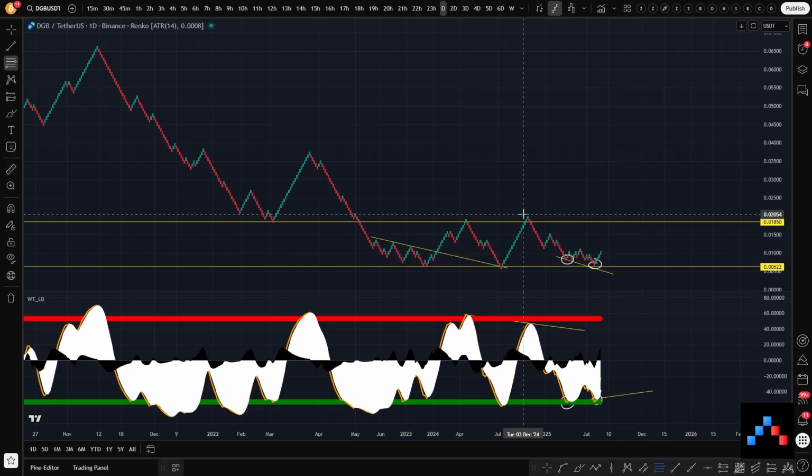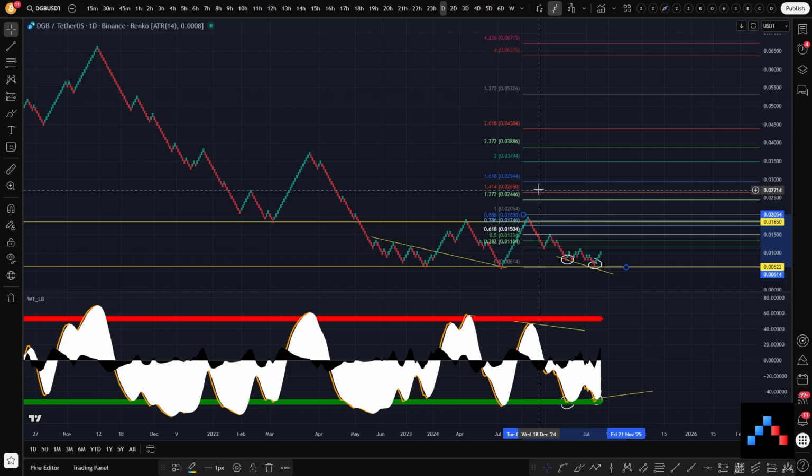These Fibonacci levels can be breached very easily, and we are expecting this to happen quite quickly. In the coming months, we're expecting these targets to be breached because the market has a lot of power to break this resistance.